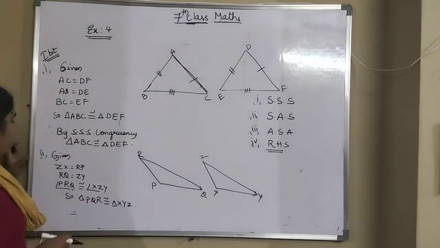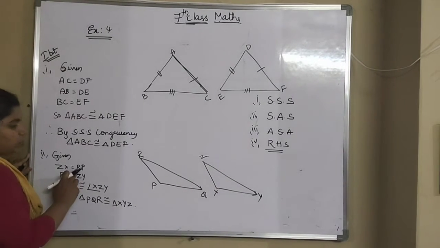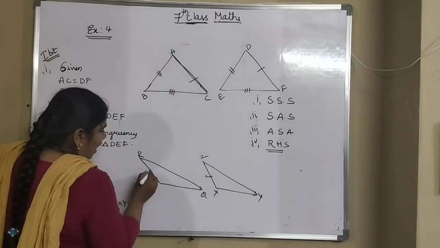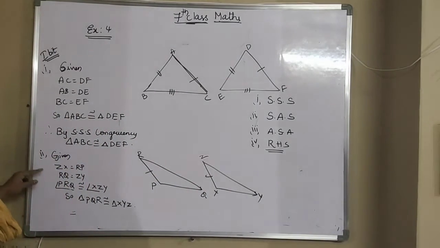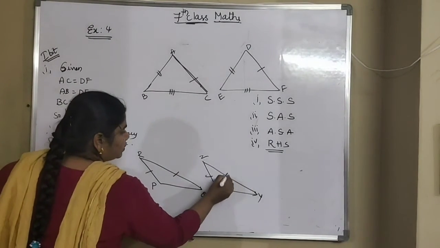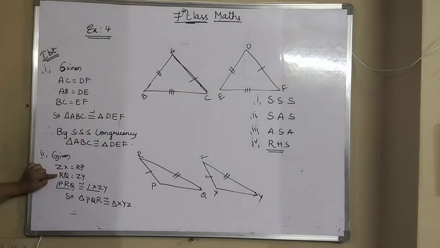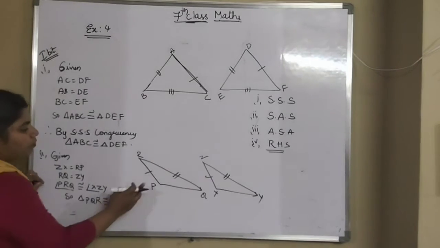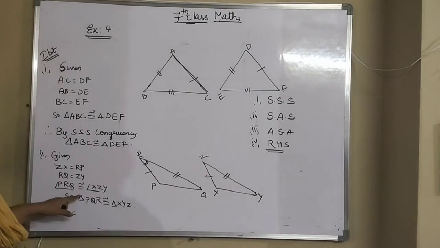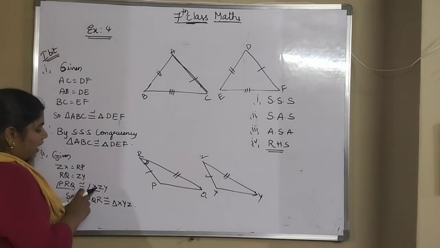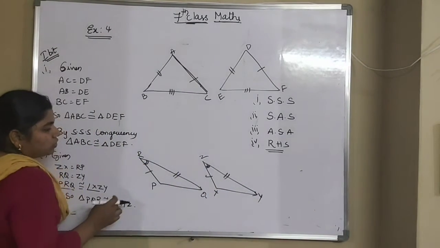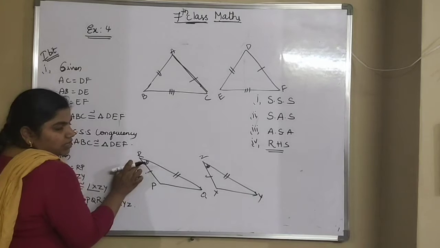Now what they have given? ZX is equal to RP. These two sides they have given. RQ is equal to ZY. So these two sides are equal. Next PRQ, that means angle R they have given, is congruent to angle XZY, that means angle Z. So these are the two sides and this is the included angle.